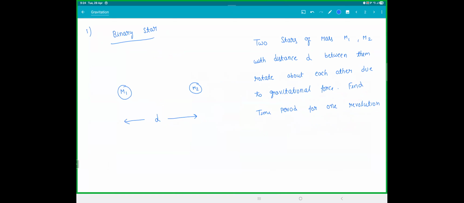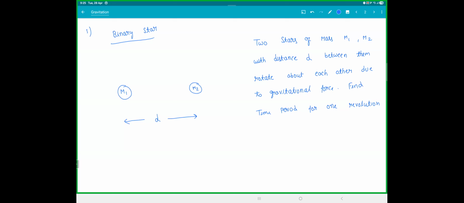Someone did get an answer. Ishman, you got something. Okay, let's get this. So what is the first thing there? Since there is no external force on the system, the center of mass will not move.